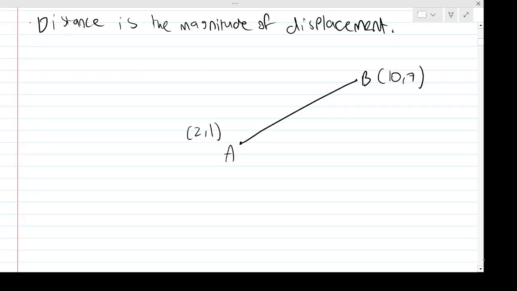And obviously the length would be 10 still. If you did the distance between 2, 1 and 10, 7, it will still be 10, okay? And again, the change in x between 2 and 10 would be 8. And the change in y from 1 to 7 would be 6. So it's the same journey. It's still 8 across and 6 up, right?